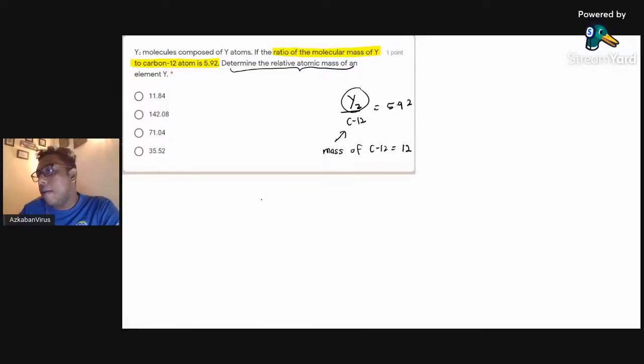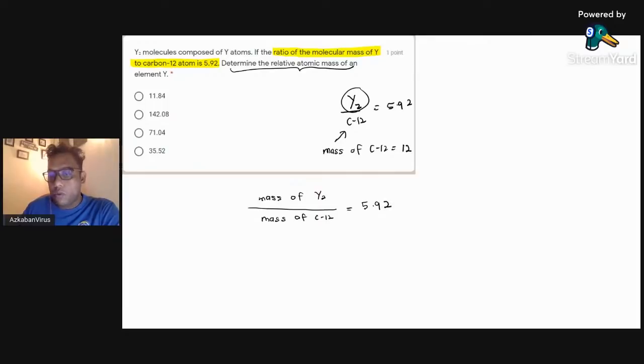Okay, we know that mass of Y2 bahagi mass of carbon 12, this is equal to 5.92. Okay, so mass of Y2 adalah dan kita nak cari, so mass of Y2 is equal to 5.92 darab dengan 12.